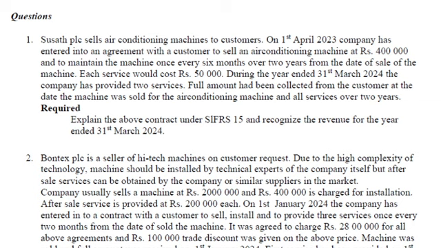Each service would cost rupees 50,000. During the year ended 31st March 2024, the company has provided 2 services. The full amount had been collected from the customer at the date the machine was sold, for the machine and all services over 2 years. Required to explain the above contract under SLFRS 15 and recognize the revenue for the year ended 31st March 2024.